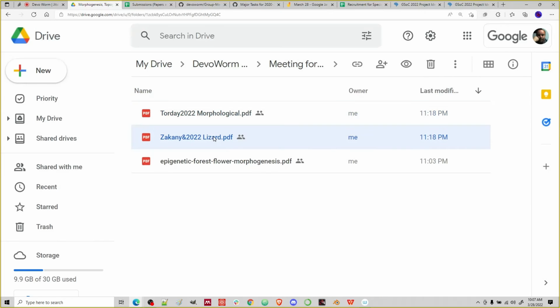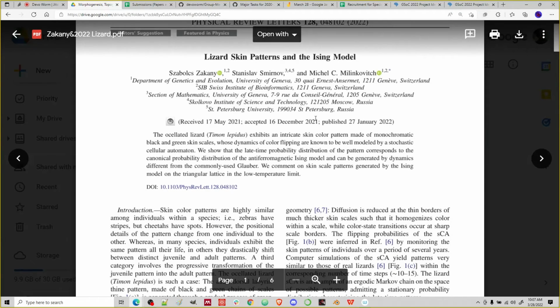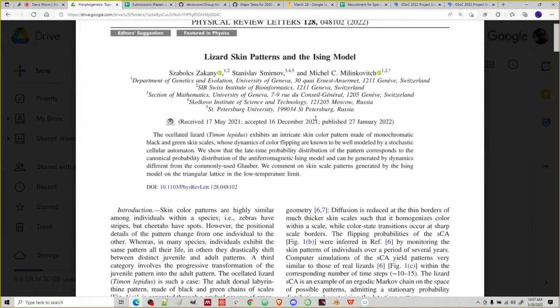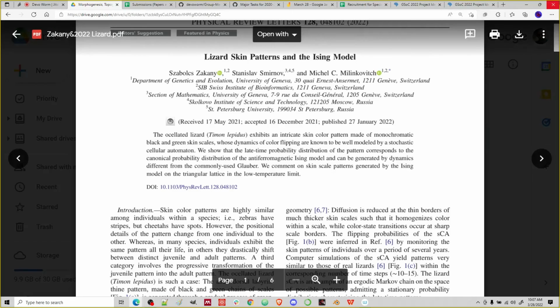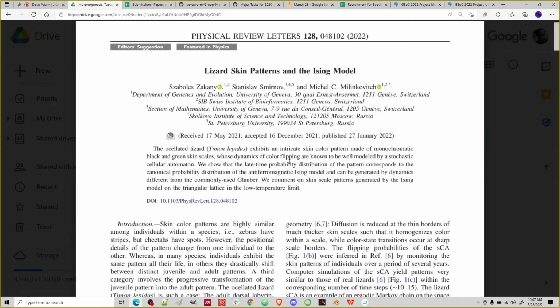Now the next two papers I'm going to go over a little bit more quickly because we don't have a lot of time left. This is lizard skin patterns in the Ising model, and we talked about this several months ago with Tom Portegys, this 1D Ising model. This is a paper on lizard skin patterns.